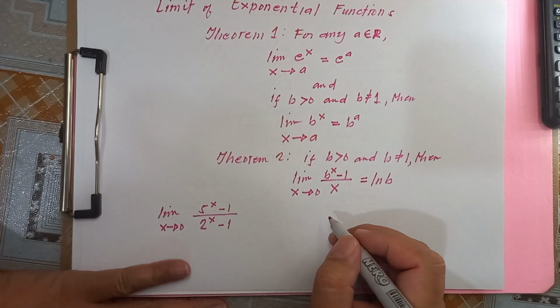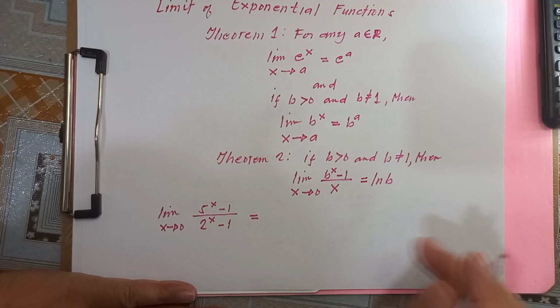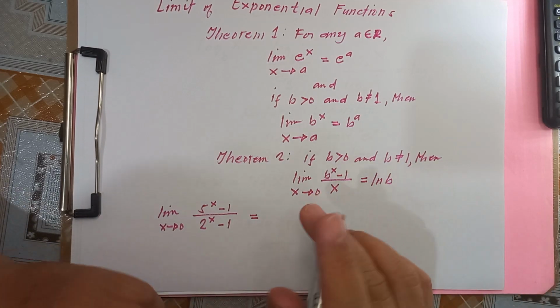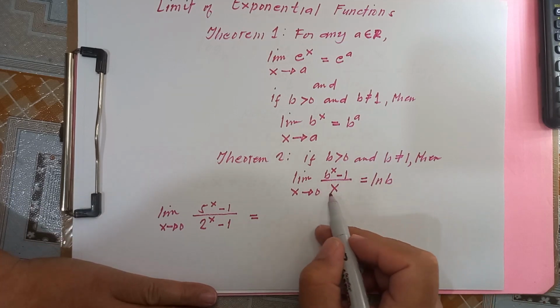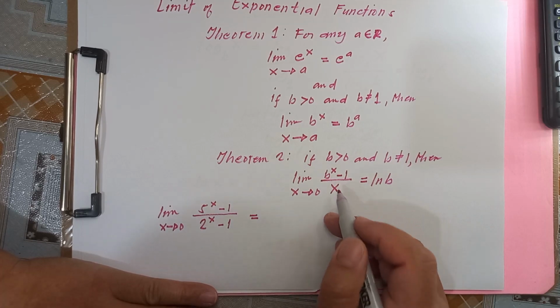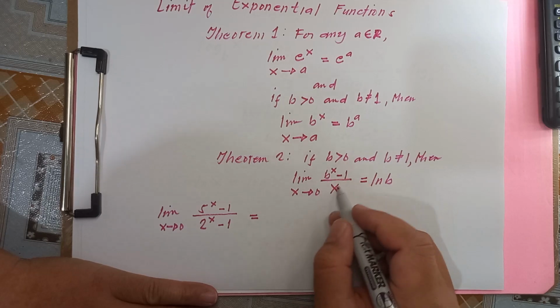Now, how do you use the theorem and simplify this one? Notice that when we use the theorem, this form is somewhat like a formula. And if this is a formula, we will follow it in toto.